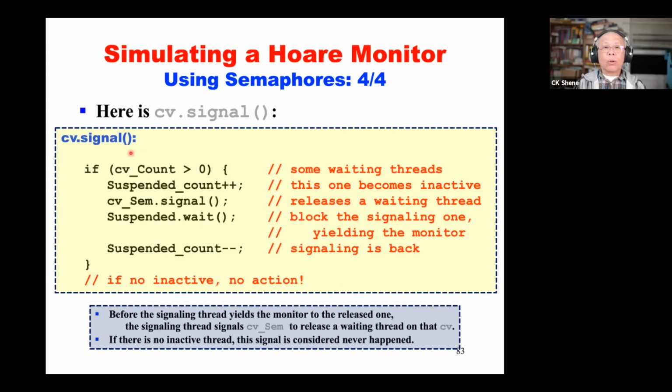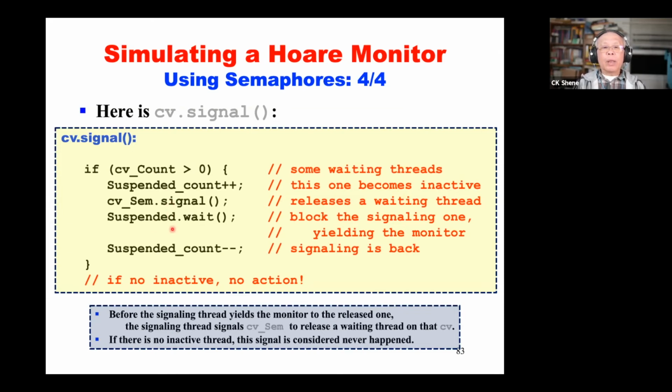So the caller checks to see, is there anyone waiting on the condition variable? If there are, then I'm going to block myself, becoming inactive, add 1 to the counter, release a thread that is waiting on the condition, and then block myself.